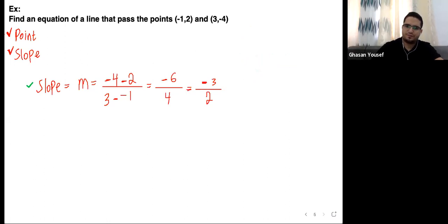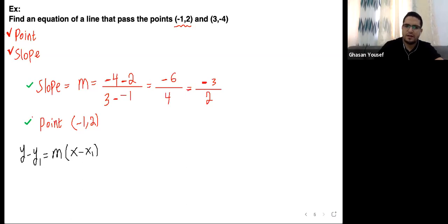Here, so we can choose a point. Which one would you like? So I'm going to use this point here. The point is minus 1, comma 2. Now, you should use the formula. The formula is y minus y1 equals slope times x minus x1.